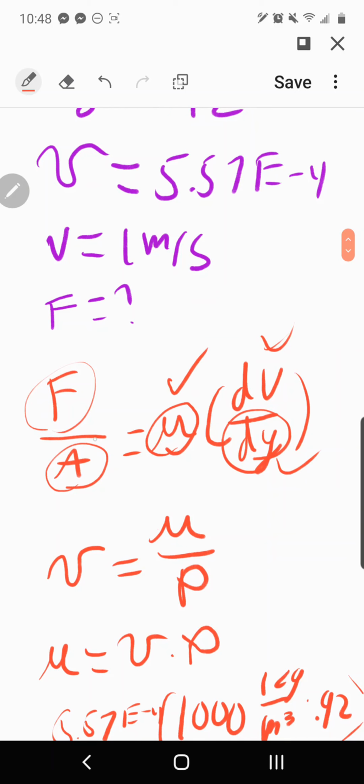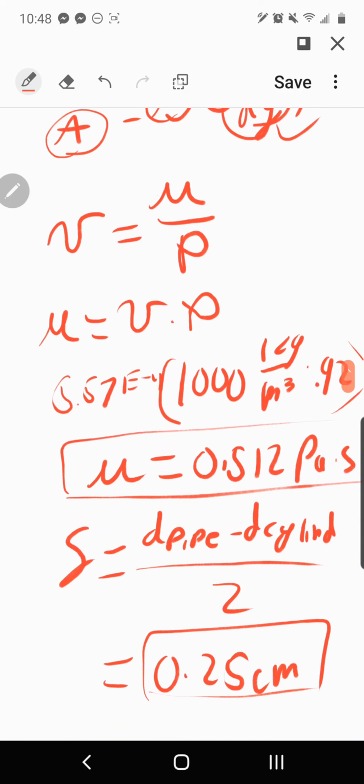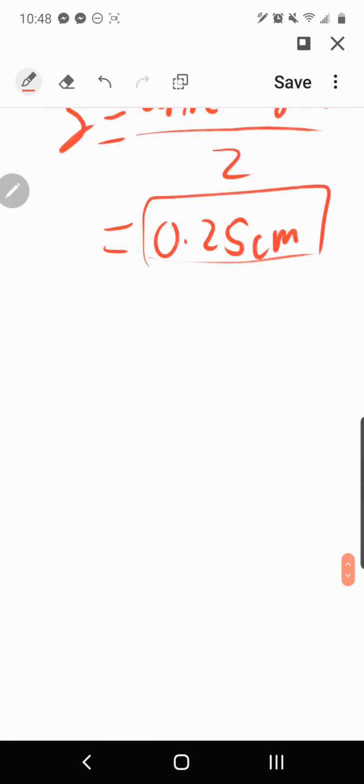We now just need our surface area. Our surface area for a cylinder is going to be pi d l, or 2 r pi l, whichever you like.